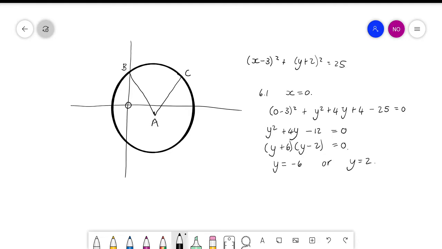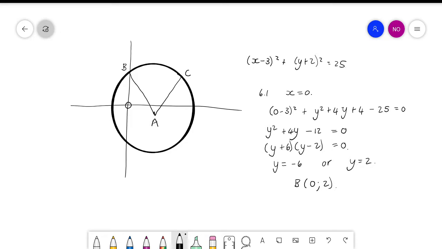And because they asked you for a specific coordinate, you have to choose one of those. So wat's die een van die twee gaan dit wees? Because why? It has a positive y value. Right? Remember, if they're asking for coordinates, you need to write down both the x and the y value, else you're going to miss a mark. You can't just write y is equal to 2. You have to write down B is (0; 2).